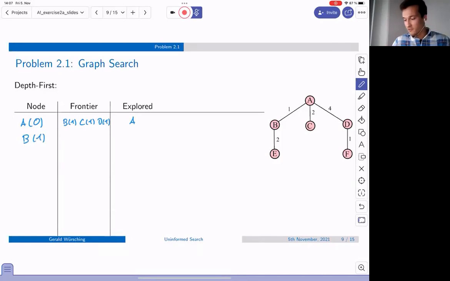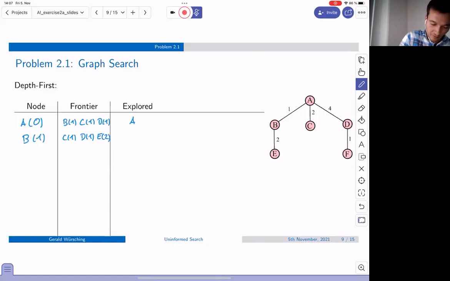And what does our frontier look like now? Yes, exactly. So basically ECD. I'm going to write it a little differently here now. Wait a second. I'm going to write it in this direction like that. The reason is that I just want to make it clear that we're using last in, first out now.